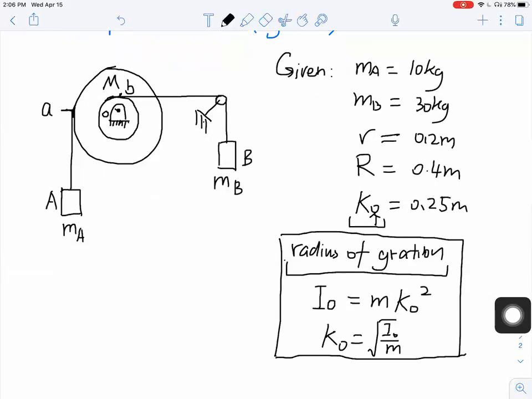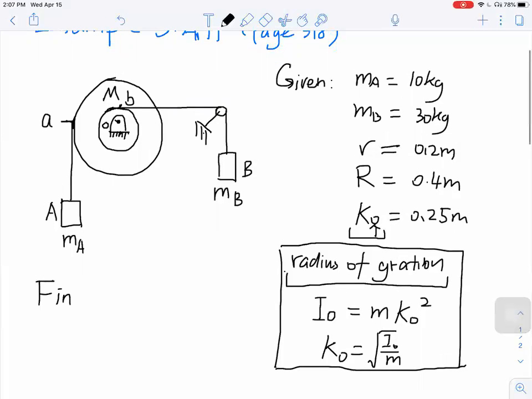Okay, so those are all the given conditions. In this problem, we're trying to find alpha, which is the angular acceleration of the drum, when it's released from rest.